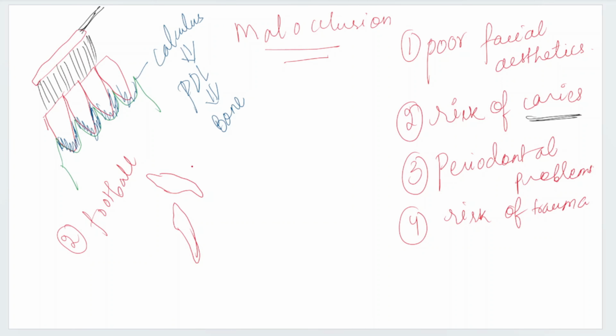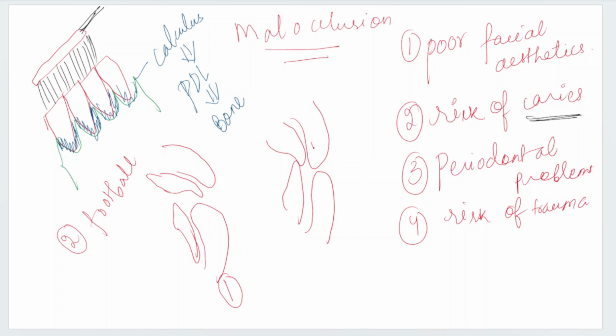This is the upper incisor. The lower lip is here. Now this is boy number 1. And one more boy will be like this. This is the upper lip. This is the lower lip. This is boy number 2.